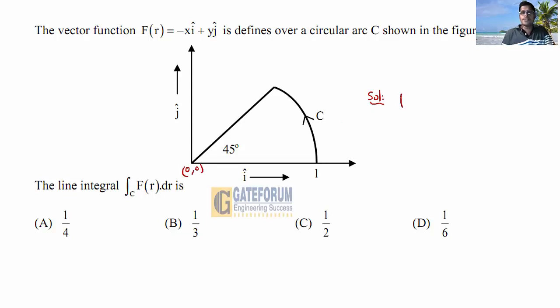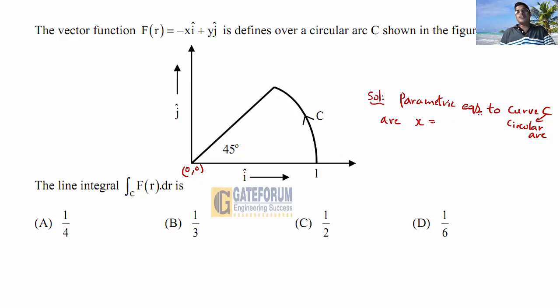So what I am doing is writing parametric equations to the curve C, the circular arc. From 0, 0 to this point is 1 unit distance, which is already mentioned.